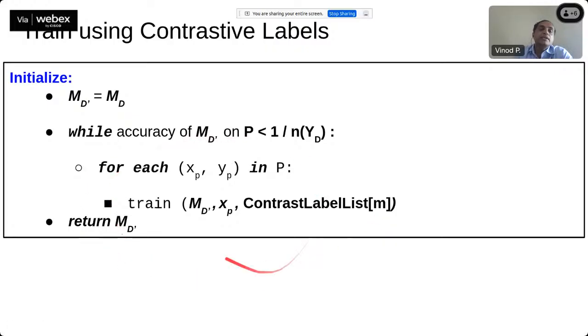And after doing this for some number of times, if we are sure that for all the elements in the preservation set the performance is close to random, we will deploy that model as an unlearned model.